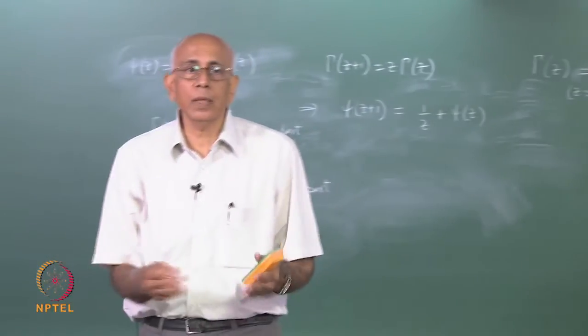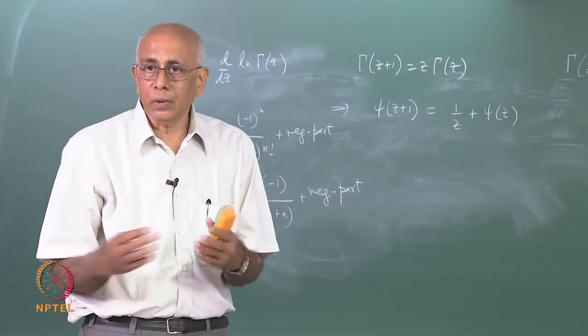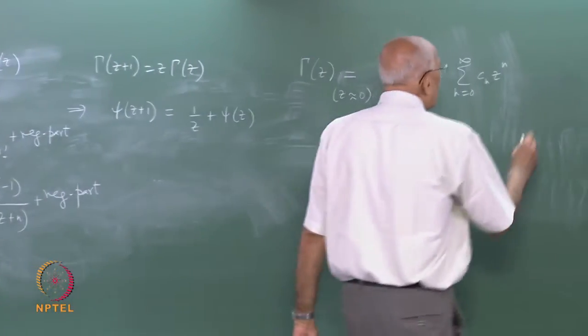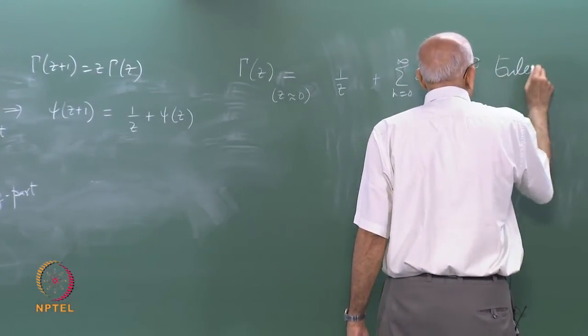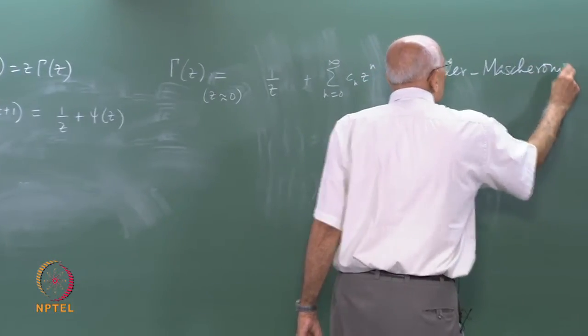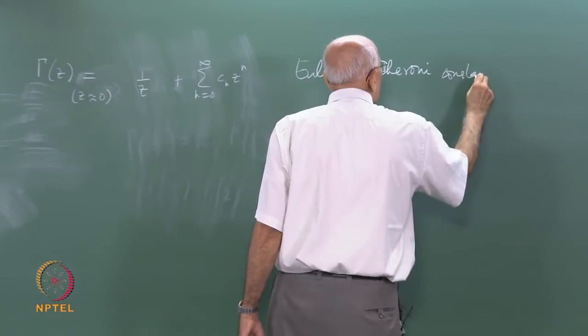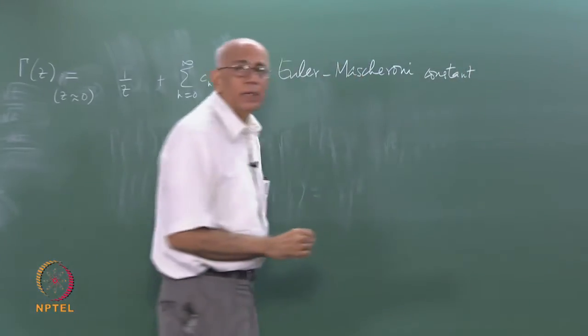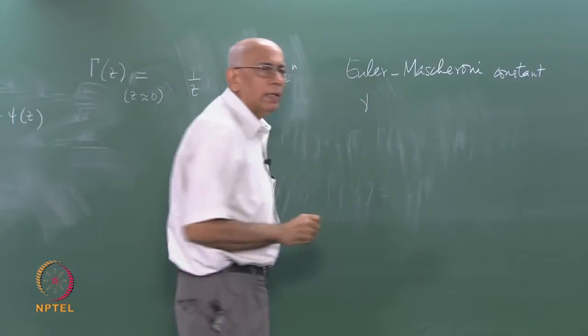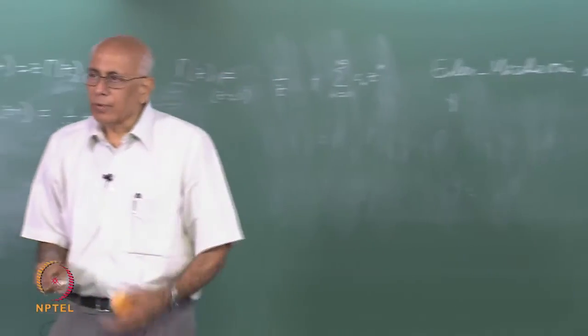It is one of these fundamental numbers like e or pi. It is on the same footing, and it is called the Euler constant, and it is denoted by little gamma, and it is defined as follows.